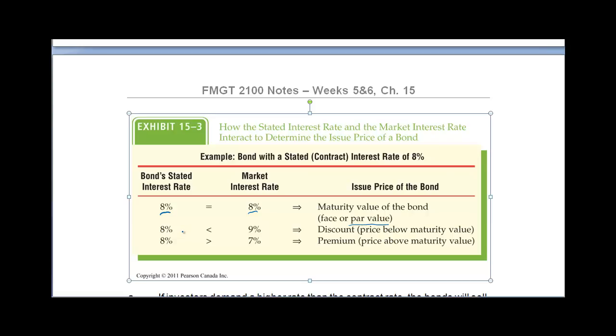Therefore, the market isn't going to pay as much to buy the bond in the first place, and we would expect the bond to sell at a discount. In other words, it's priced below the maturity value. So if it's $1,000 maturity value, the bond might sell for $980, let's say. Conversely, if the bond pays more than the going rate of interest, you would expect that someone would be willing to pay more upfront for that bond, and therefore it would sell at a premium.